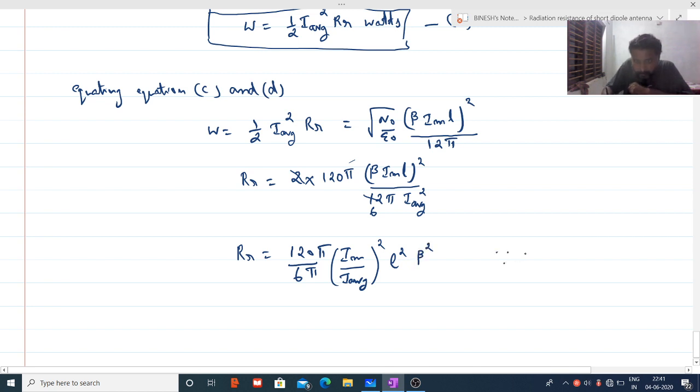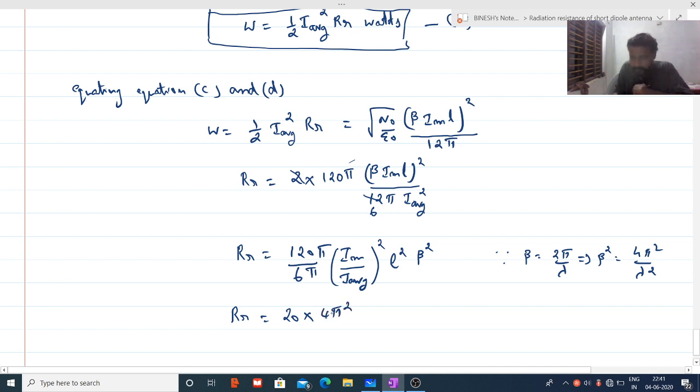But you know that beta is nothing but 2 pi by lambda. That implies beta square is nothing but 4 pi square by lambda square. So I will write here that RR is nothing but 120 pi by 6 pi. 120 pi by 6 pi, pi and pi get cancelled, so I can write it as 20, into beta square, that is 4 pi square.